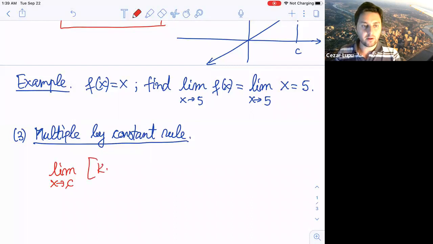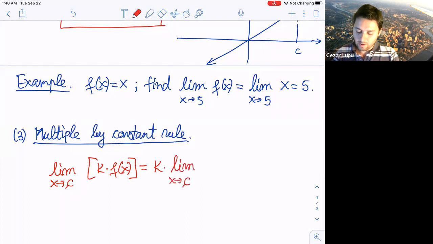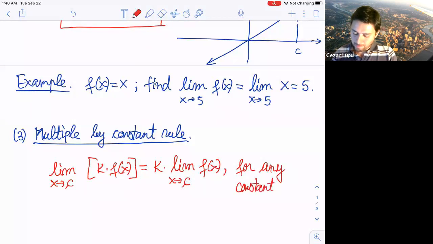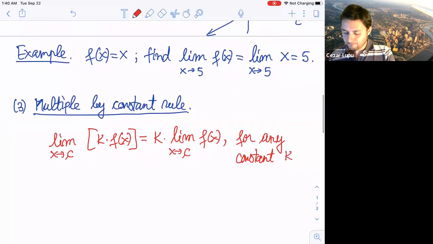So I have a constant k times my function f of x. So the k will not influence too much the limit, so we'll take it out. So it will be k times the limit as x approaches c of f of x, for any constant k.